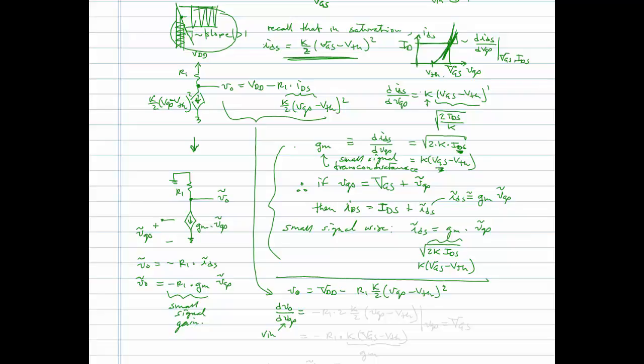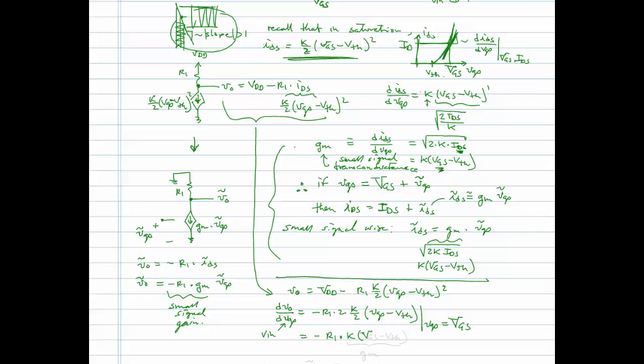When you take the derivative, the first term goes to 0. We'll end up with minus R1 times 2 times K over 2 times VGS minus V threshold. This will become minus R1 times K times, and we need to evaluate this at a VGS equal to capital VGS, at our operating point.